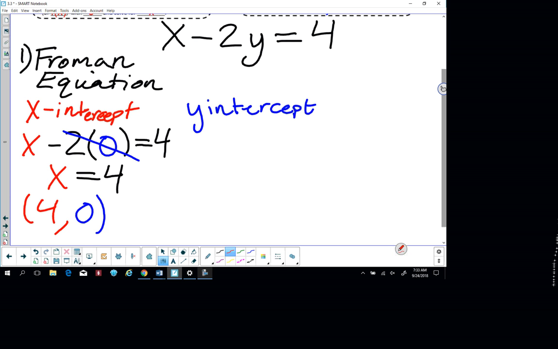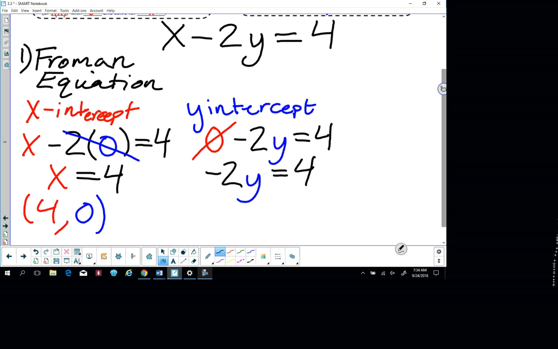So instead of the letter x, I'm going to plug in 0. And again, you can just ignore the 0. You can cover it up with your hand. You can cross it out. I like to cross it out. So I'm left with negative 2y is equal to 4.